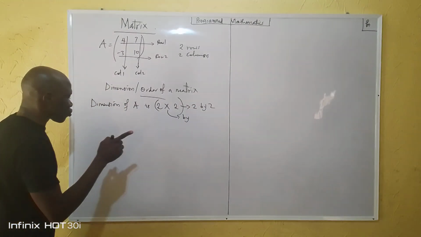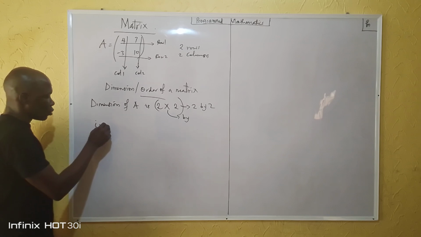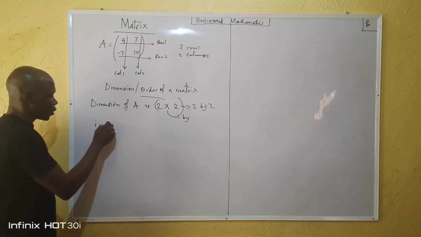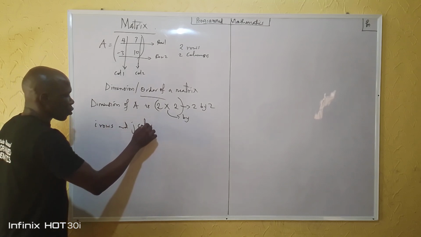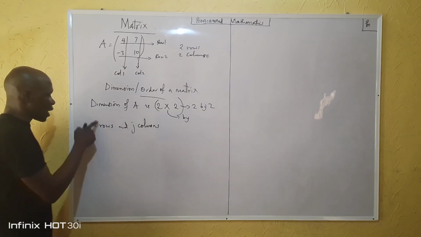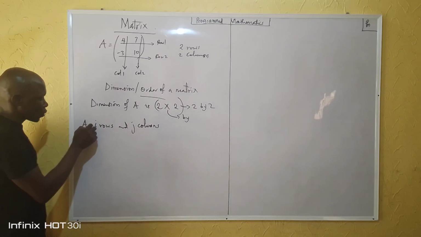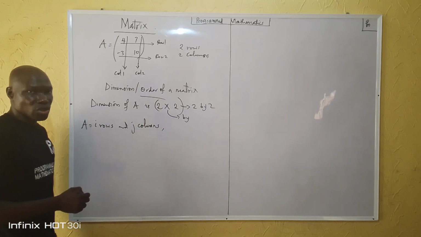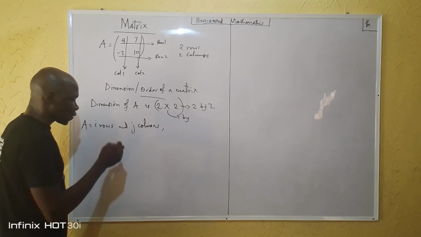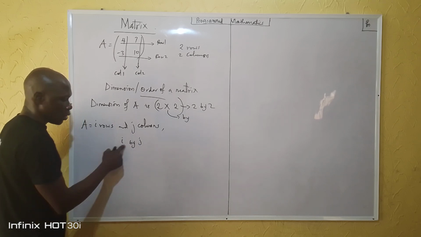So when a matrix has, let's say, i rows and j columns, so let's say matrix A has i rows and j columns, then we say that the dimension of matrix A is i by j.